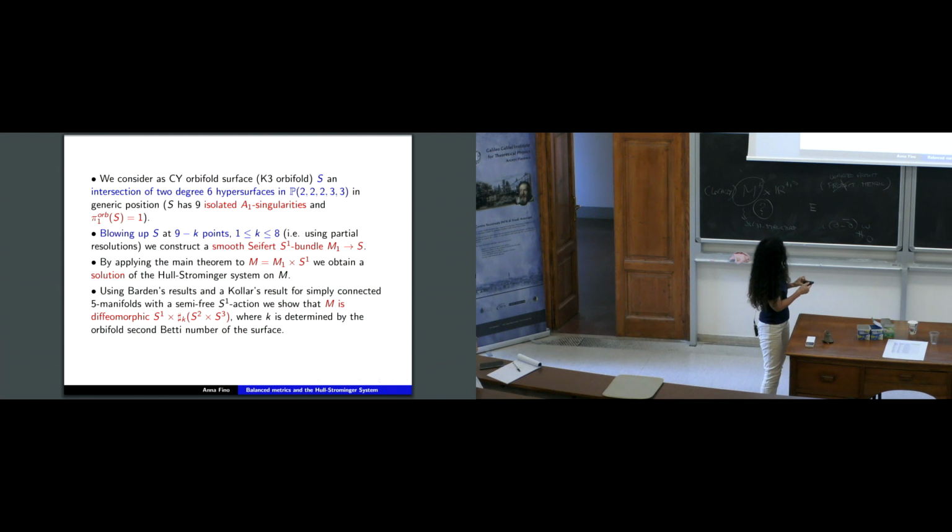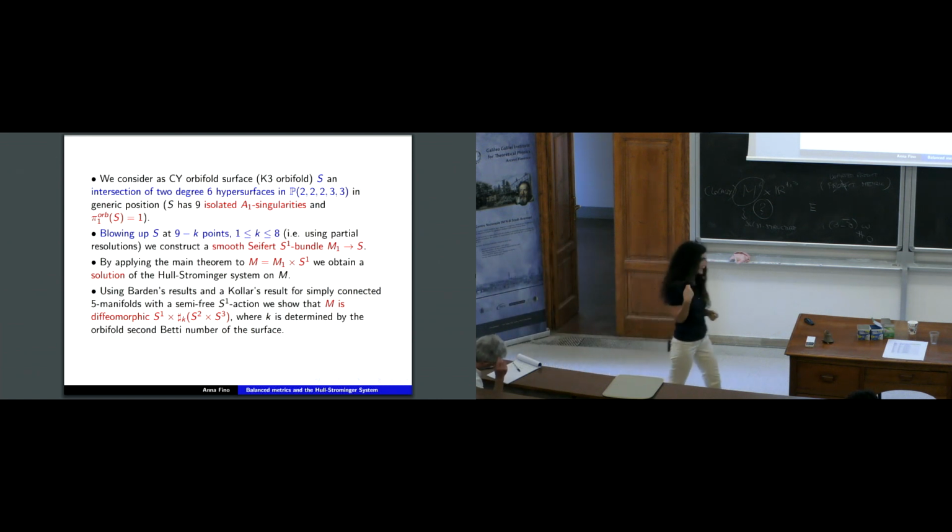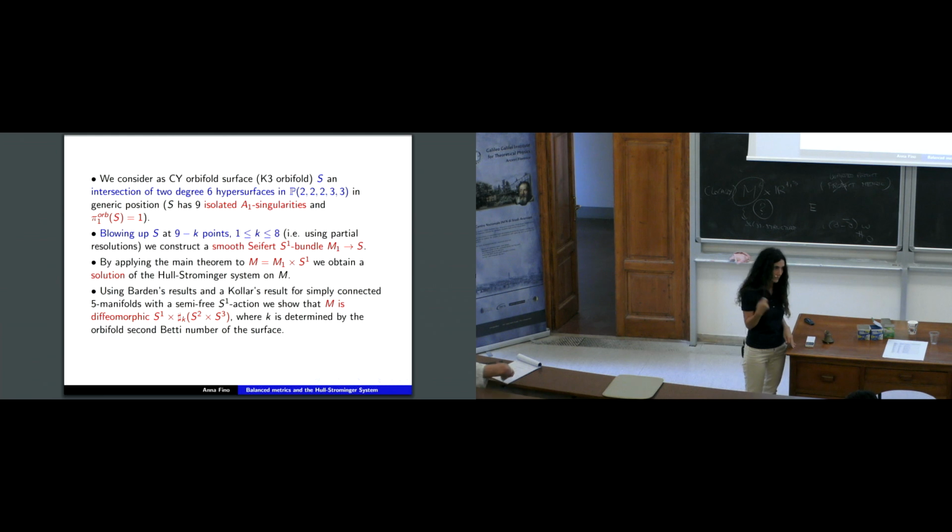But maybe I go, okay, I go to see which type of surface we consider. We consider an intersection in generic position of two degree 6 hypersurfaces in that weighted projective space, P2, 3. And then using partial resolution, essentially we use partial blow-up to construct the divisor that we need.